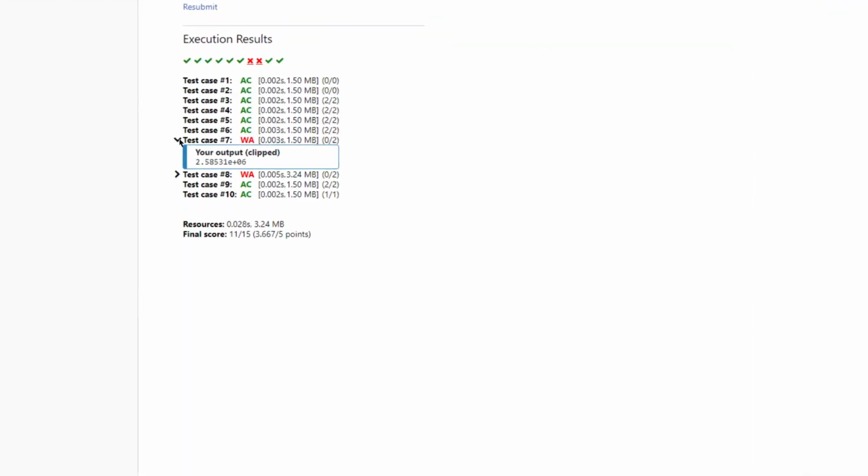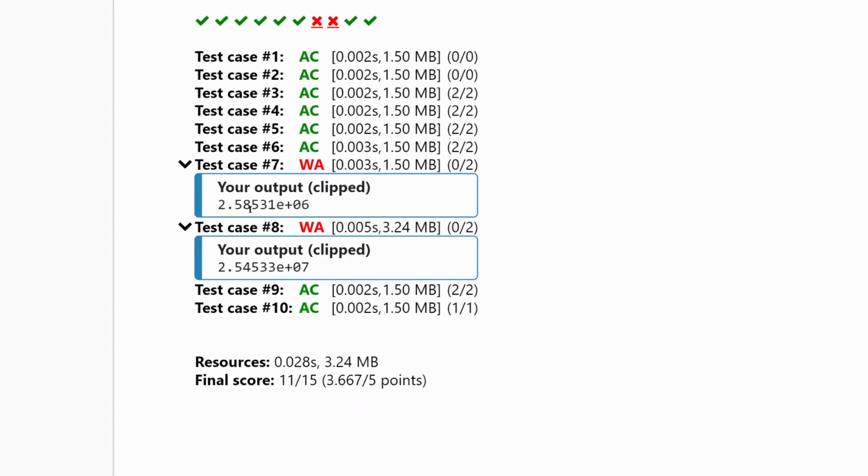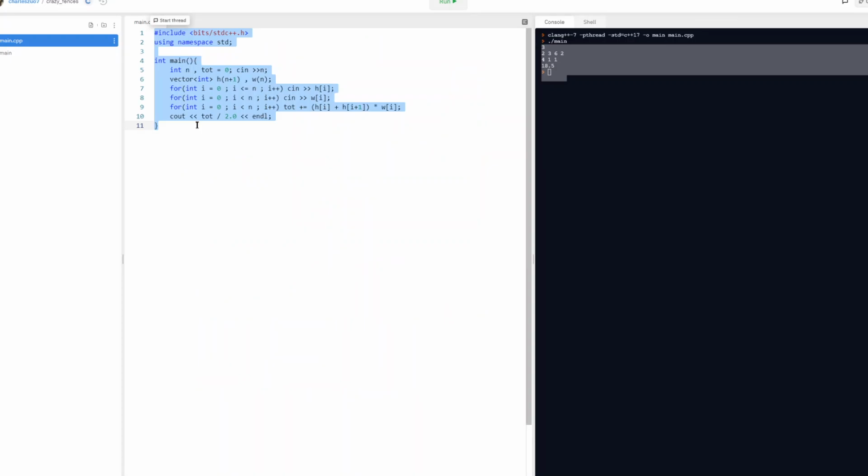Here you see there's two wrong answers, and it's quite obvious that we probably met some floating point errors. So we can handle it easily by setting the precision, or we can do it another way, which is let's use an if statement.